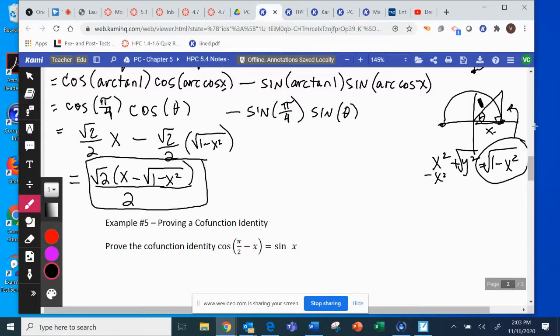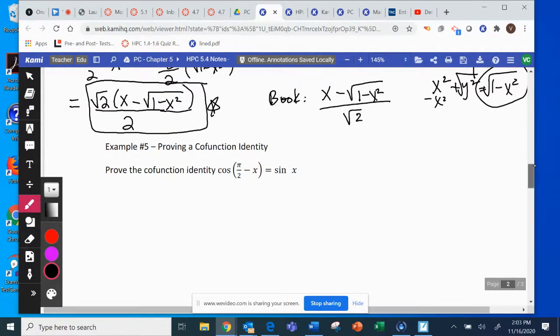They didn't rationalize the square root 2 over 2 and they left the radical 2 in the bottom. So it looks a little bit different, but that's how I would have done it. So the book answer looks like this, but it's got a square root of 2 in the bottom. So we rationalized it.